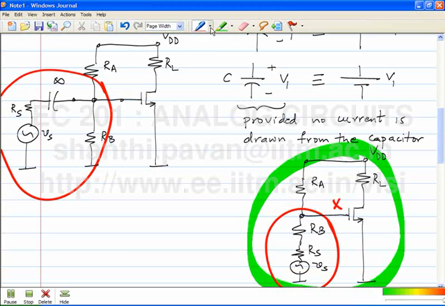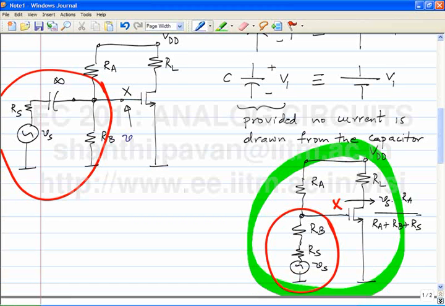So the incremental voltage at Vx here will be Vs times Ra by Ra plus Rb plus Rs. Vs into Ra parallel Rb by Ra parallel Rb plus Rs. Very good.